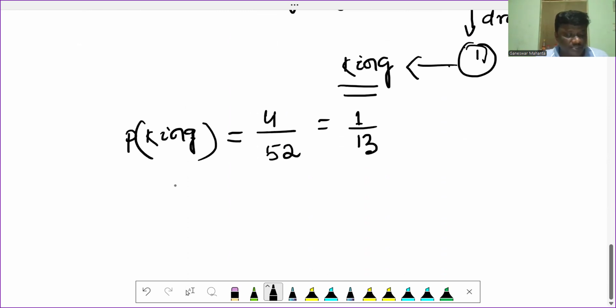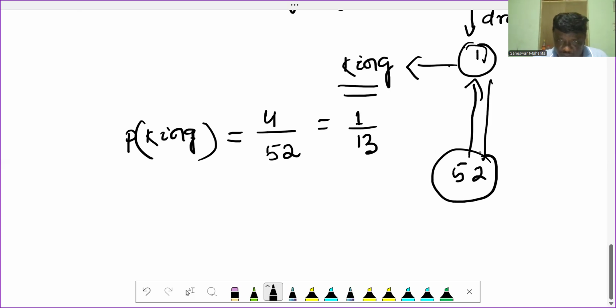If the card is replaced, the pack will again have 52 cards, because you drew one card but you replaced it. So the total possible outcomes do not change here, they remain 52.